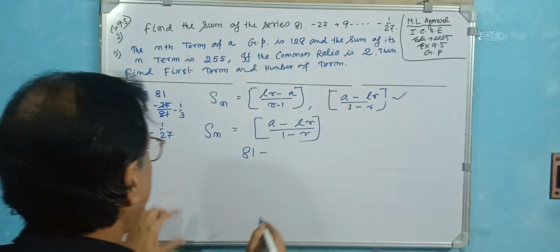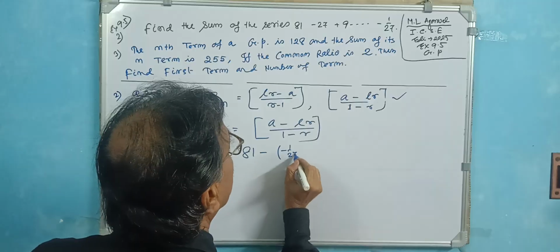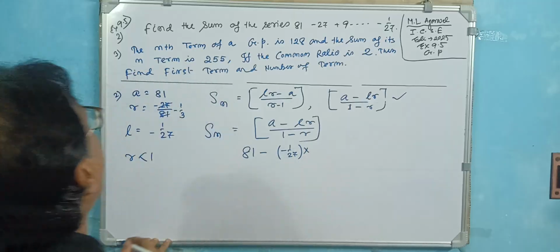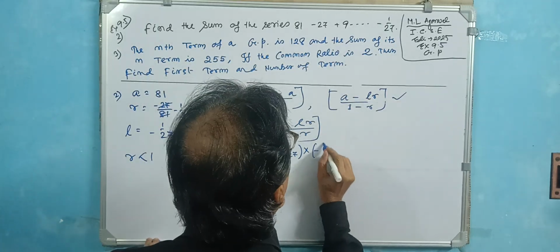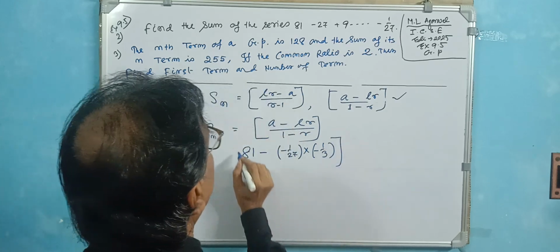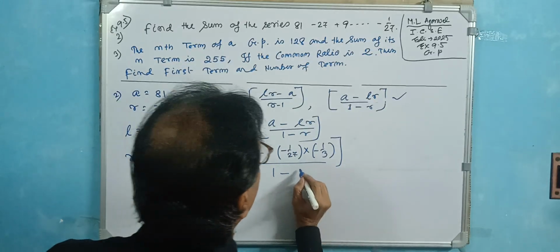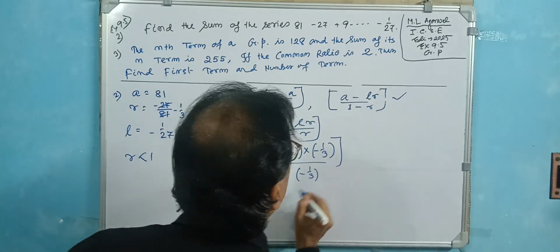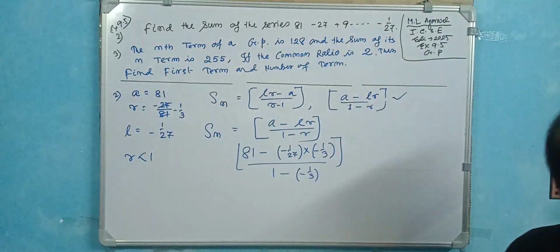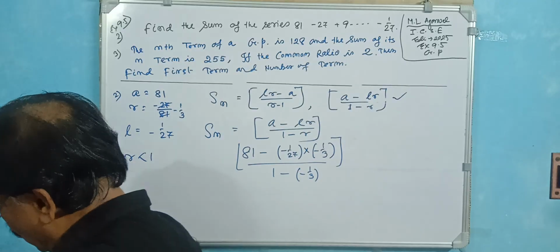What is l? l is, in brackets, very important, minus 1/27. And r is also minus 1 by 3, divided by 1 minus r. Always use brackets for r. Don't panic, just put in the values.